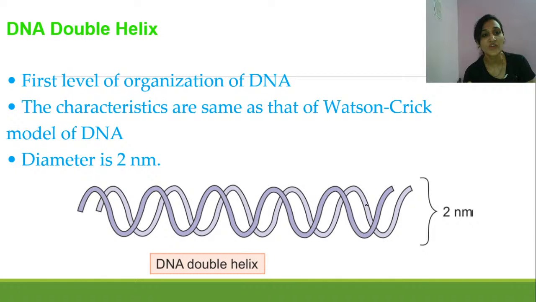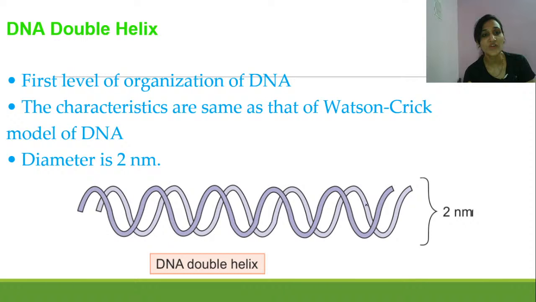It is a mixture of protein and nucleic acid. Protein and nucleic acid form the nucleosome, and this strand is called linker DNA. So it consists of nucleosomes separated by linker DNA. Nucleosome is a nucleoprotein, nucleic acid and protein.